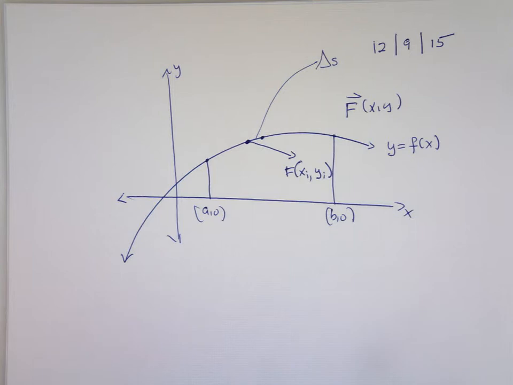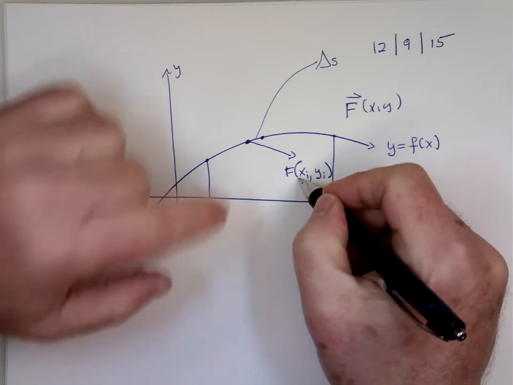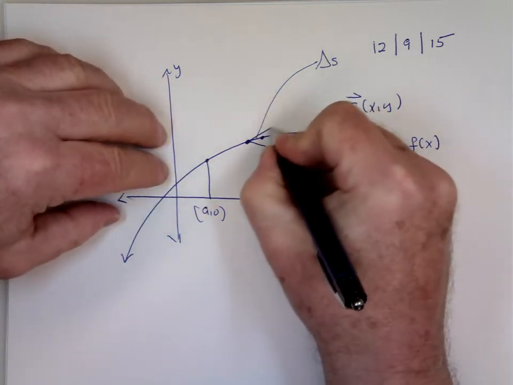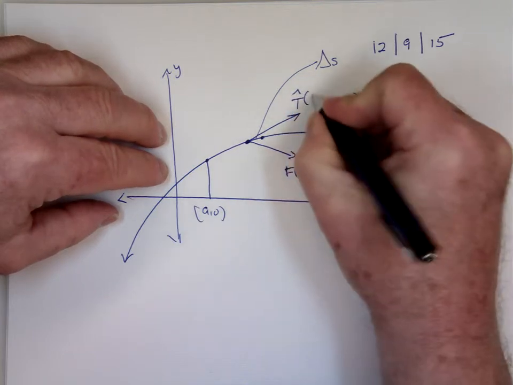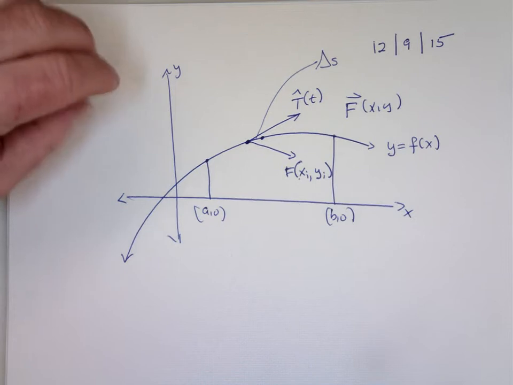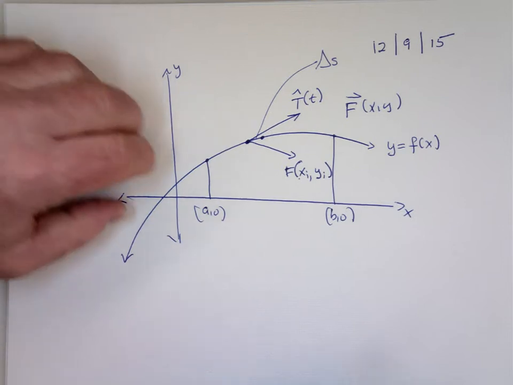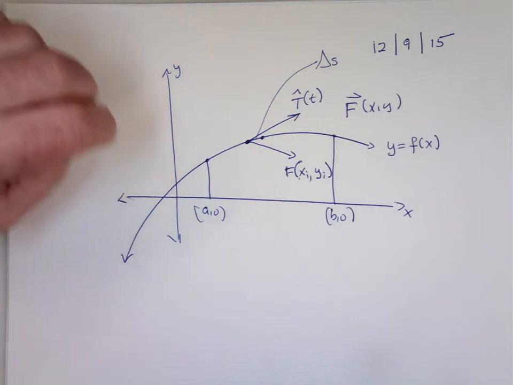Not perpendicular. So here's what we need to do. How much of this force is in the direction of motion? Let's take a unit tangent vector at that point, and find out how much of the force is directed along that unit tangent vector.